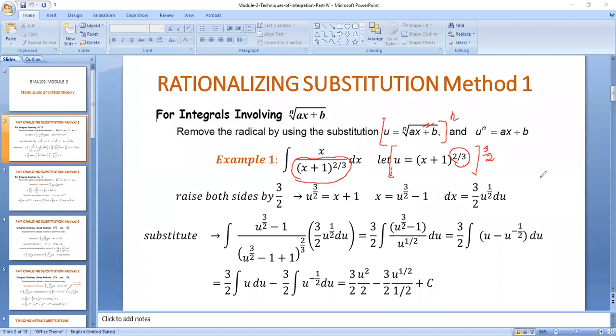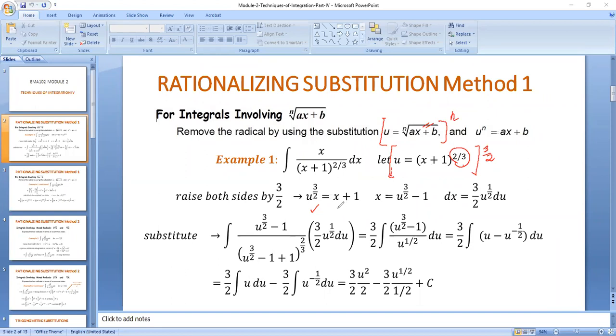Your u on the left side becomes u raised to 3/2. I'd like to erase the markings that I have here. So it becomes u raised to 3/2 after you have raised it to 3/2, and this x plus 1 raised to 2/3 becomes x plus 1.